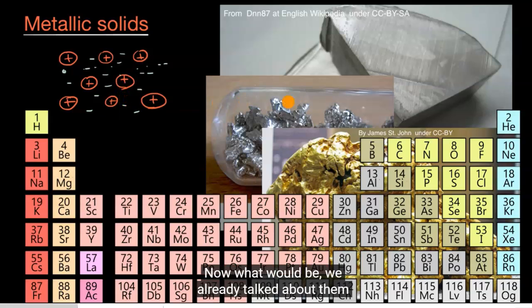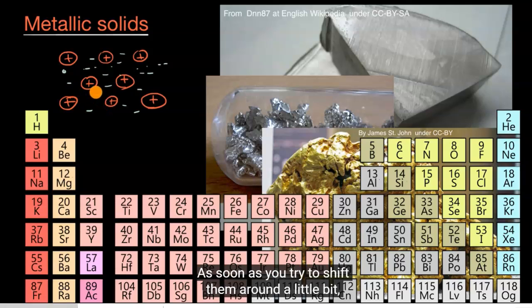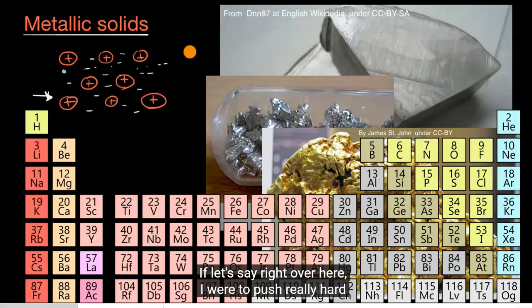Now, we already talked about them having this shiny, lustrous property, but how easy would it be to bend them? With ionic solids, we talked about they can be strong but brittle. As soon as you try to shift them around a little bit, they can break. But what do you think is going to happen here? If, let's say right over here, I were to push really hard, and on the top, I were to push really hard to the left.